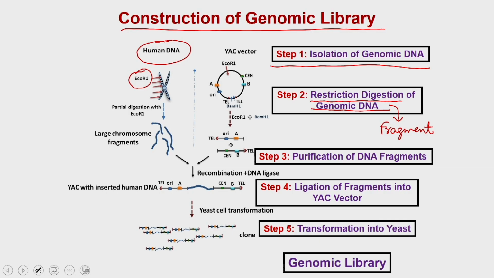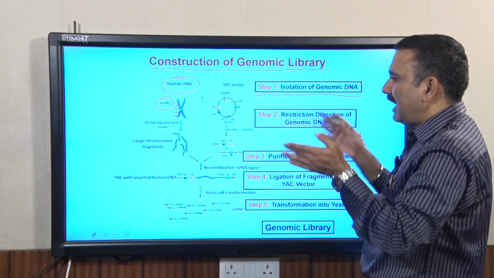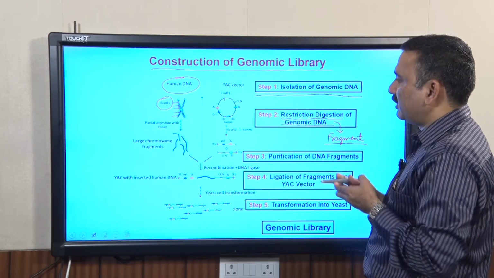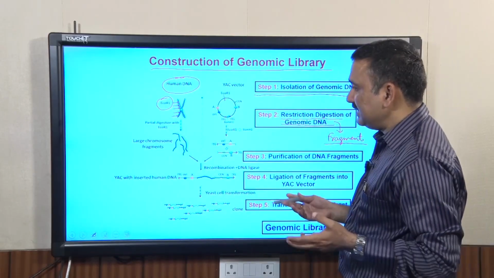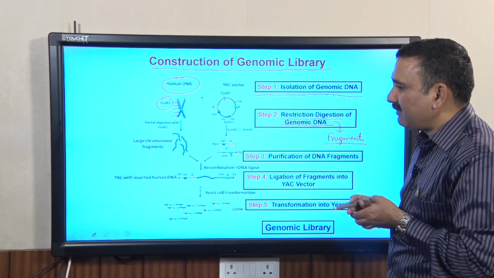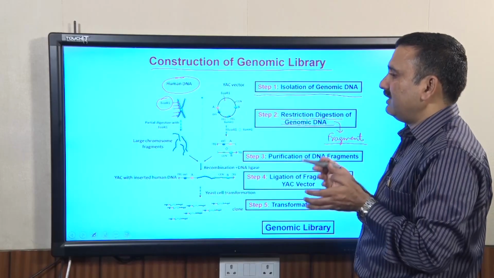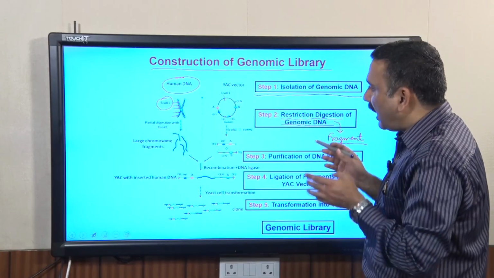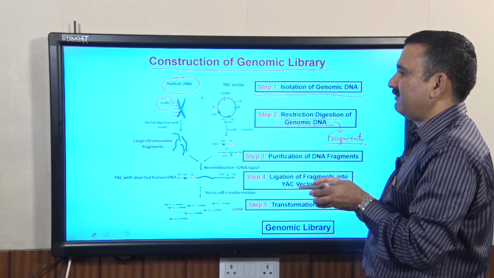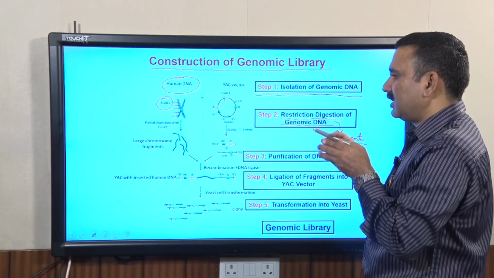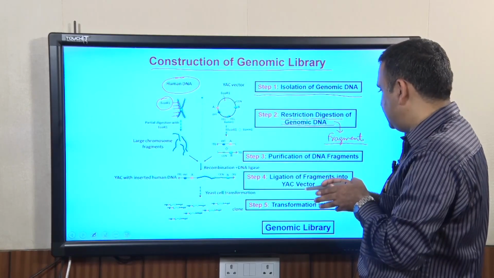You cannot take a fragment which is very large or very small, because a large fragment is going to correspond to multiple genes, whereas a small fragment may not correspond to even a single gene. You are looking for a suitable size fragment, so that it corresponds to at least one gene.